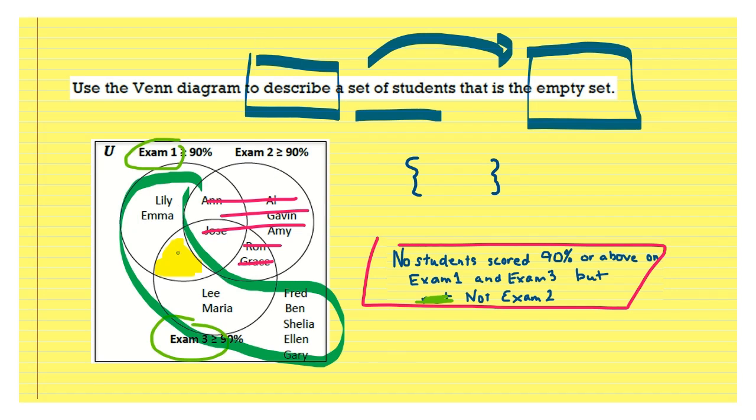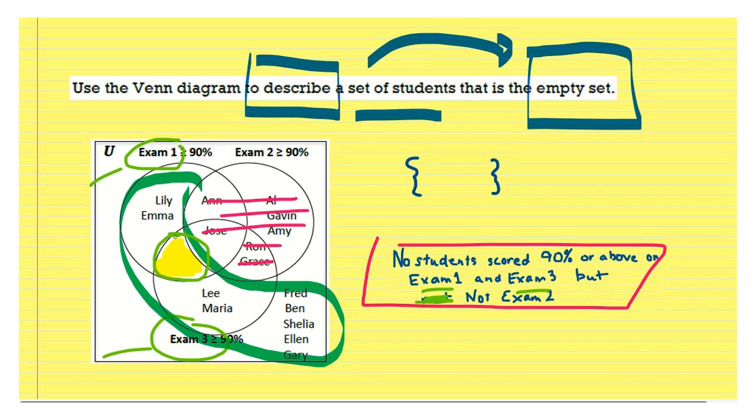But the only area that is a combination of exam 1 and exam 3, here's exam 1, here's exam 3, is the overlap right here, but there are no students there. So that's a little bit harder to understand how to describe it, go backwards and describe it. But that is the way that we would describe this particular one.